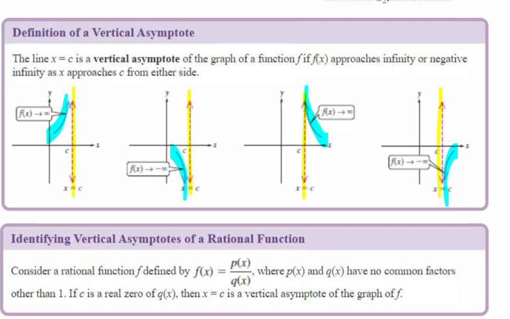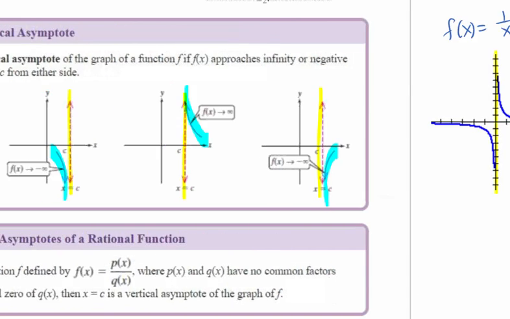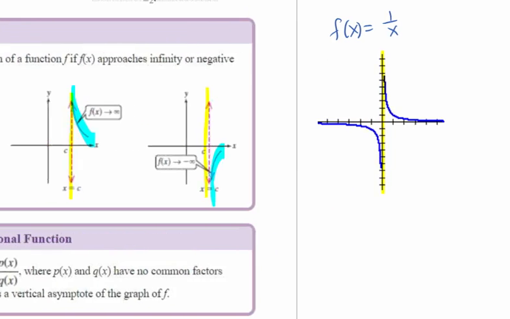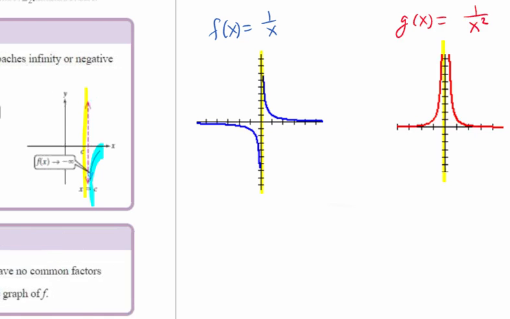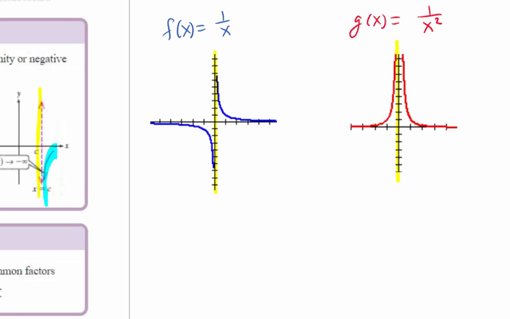Let's visit what it means to be a horizontal asymptote. So we're going to come back and take a look at our graphs once more, specifically of our 1 over x and our 1 over x squared. We were just looking at their vertical asymptotes with the y-axis, but now if we take a look at the x-axis right here, we see that each function is going to get really, really close.